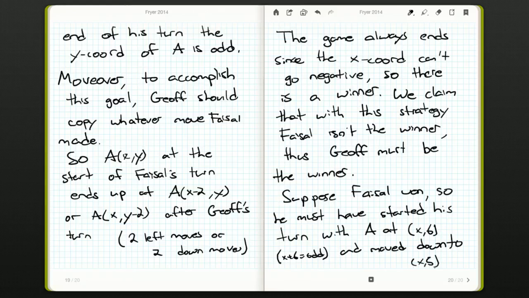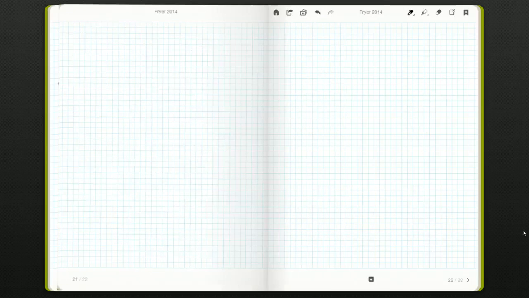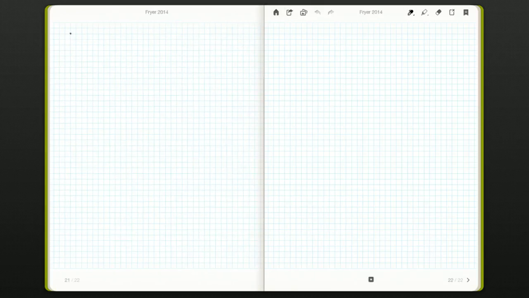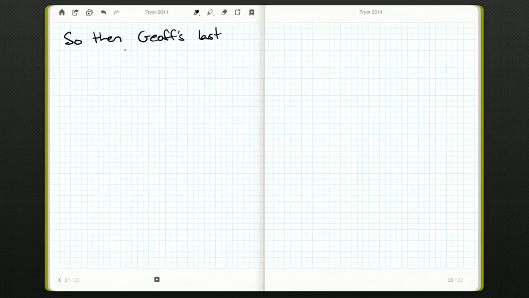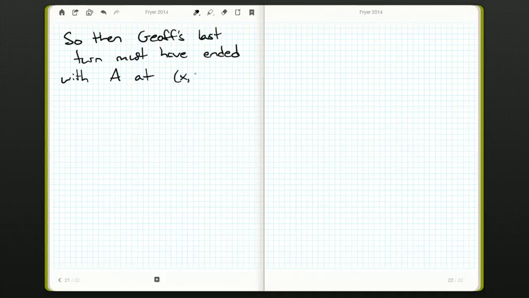The problem is, if he starts his turn at x6, so just last turn, Jeff must have ended with A at x6.